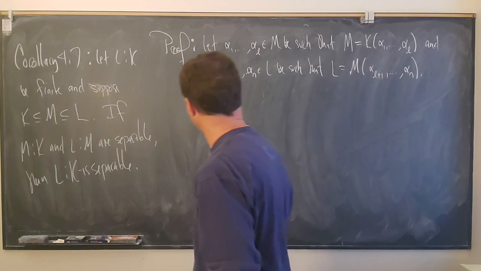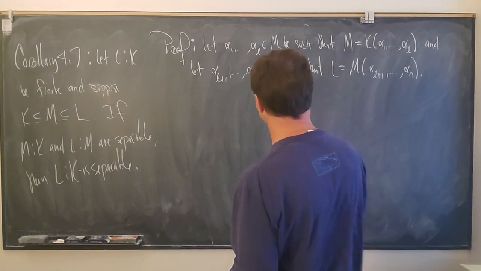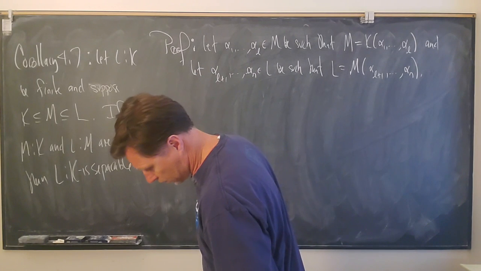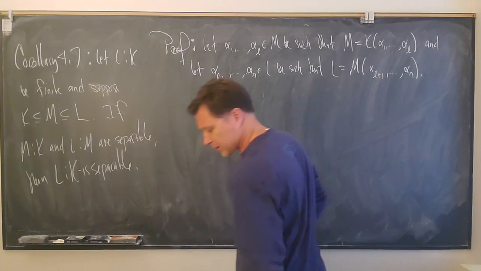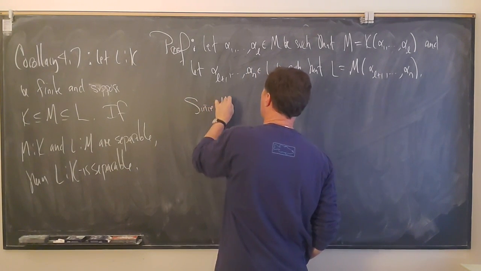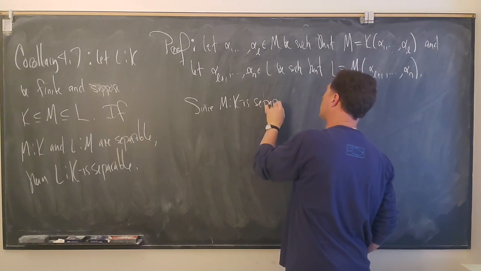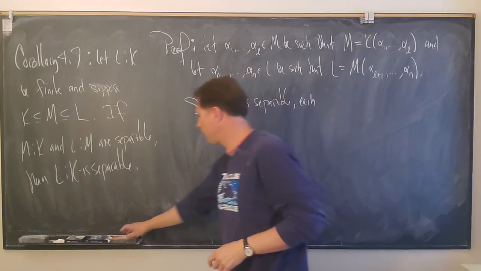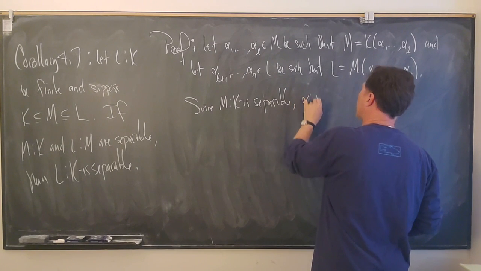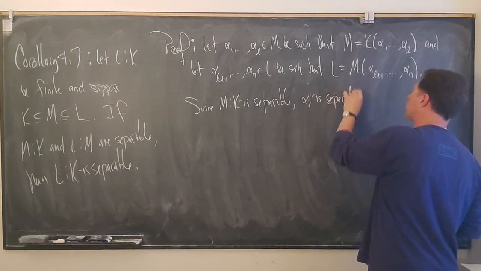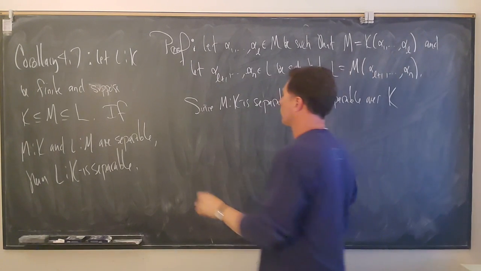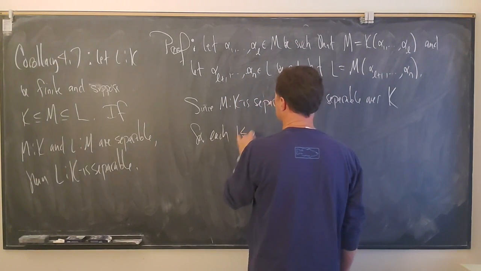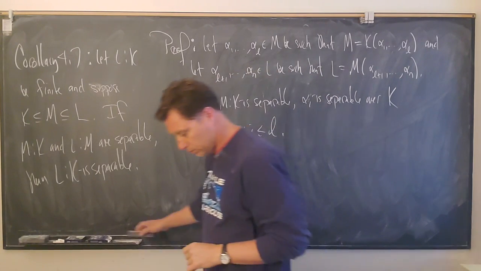Now, we know that M over K is separable, so that tells us that each of these alphas here are separable over K. Right, so since M over K is separable, alpha i is separable over K for each i less than or equal to l.